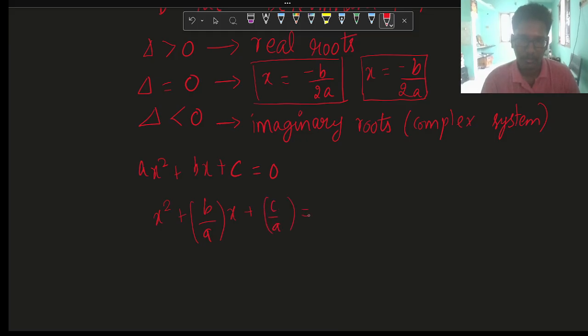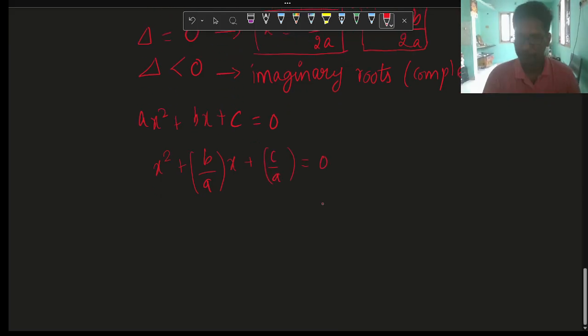Now I would like to tell you about one important property, the sum of the roots and the product of the roots, which is very important, and I would like to gain your attention here, please. So x² + (b/a)x + c/a is equal to 0. Now we can write this as x² − (−b/a)x + c/a equal to 0.